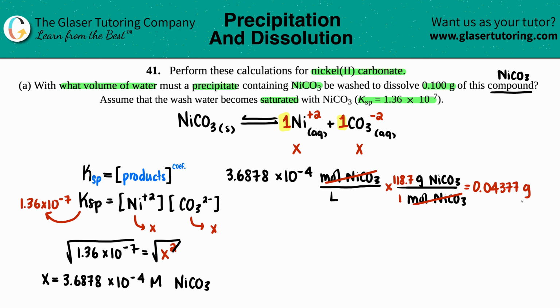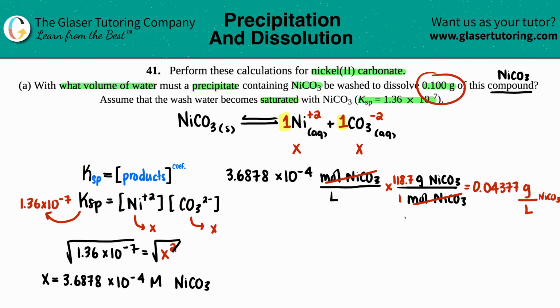That's gram per liter of my compound, the NiCO3.